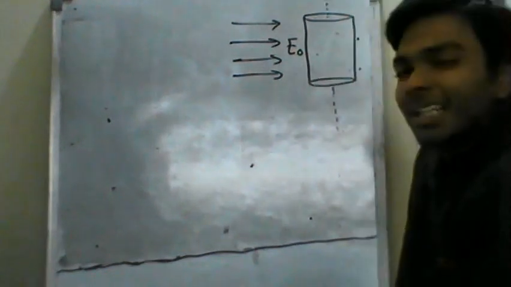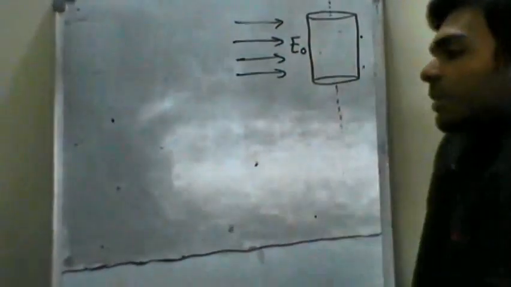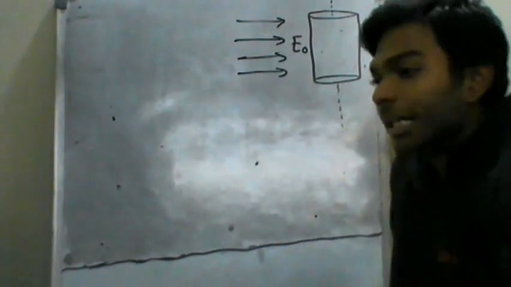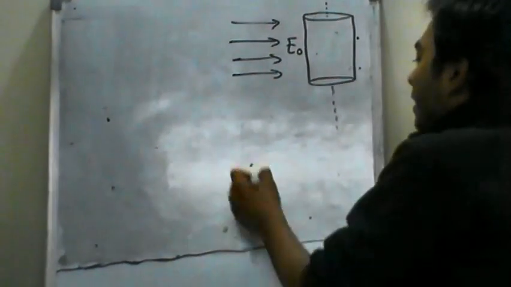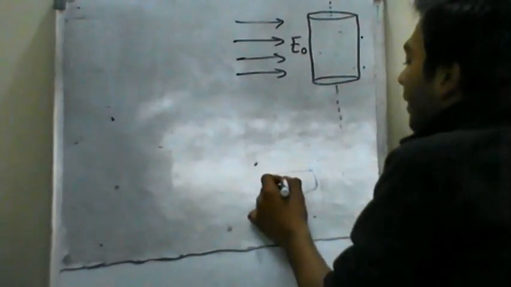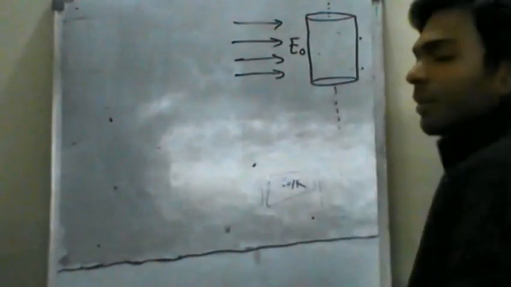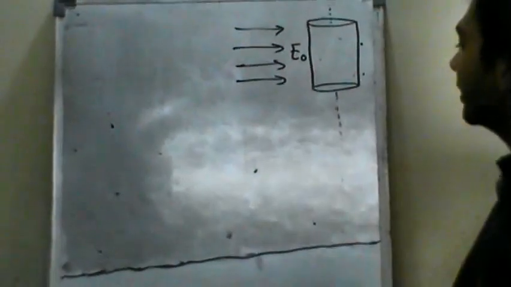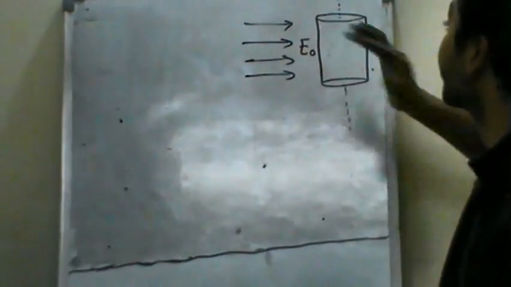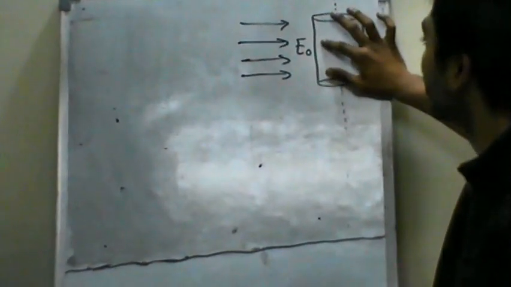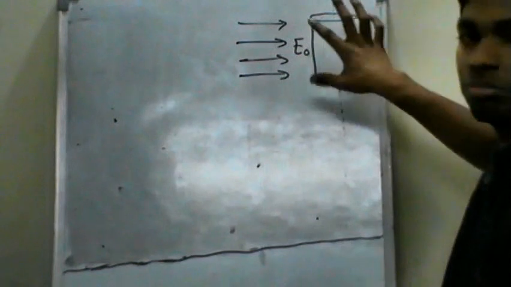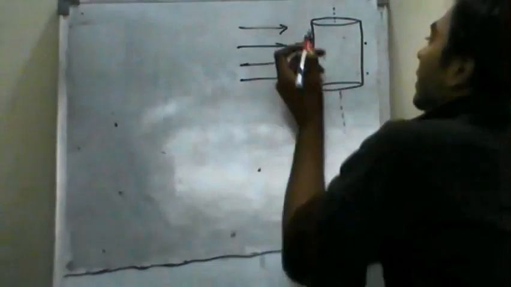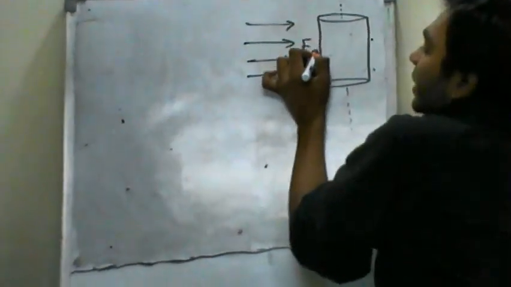Note that it's given it's a linear dielectric. Note that like in a capacitor, where we just had two plates, you put a dielectric, the field there is E0 by K. That will not solve the question here, mainly because it will not just be by K. The reason being, once you put this dielectric cylinder here, there will be charges induced on the surface.